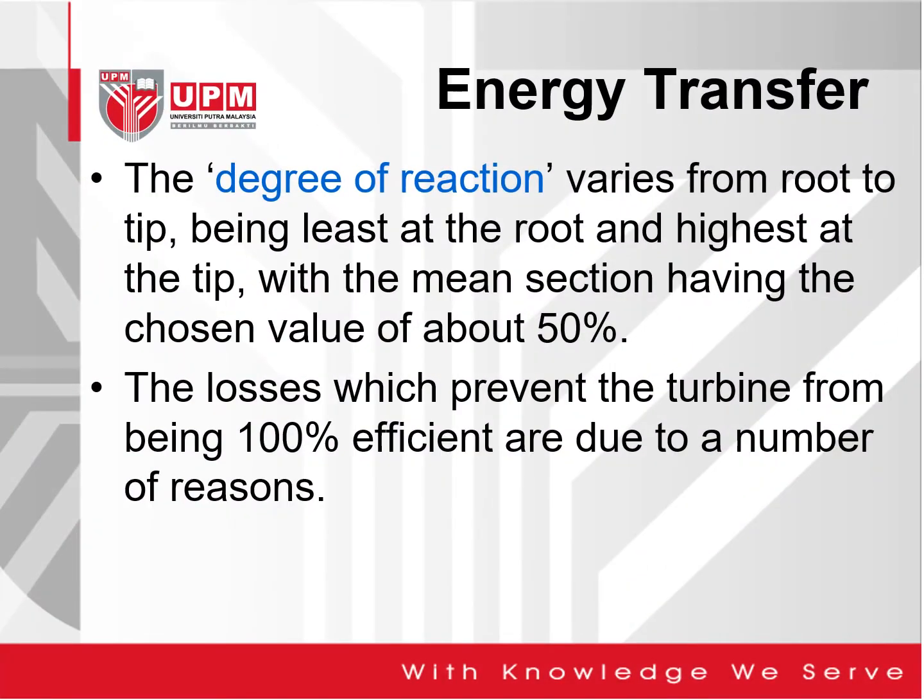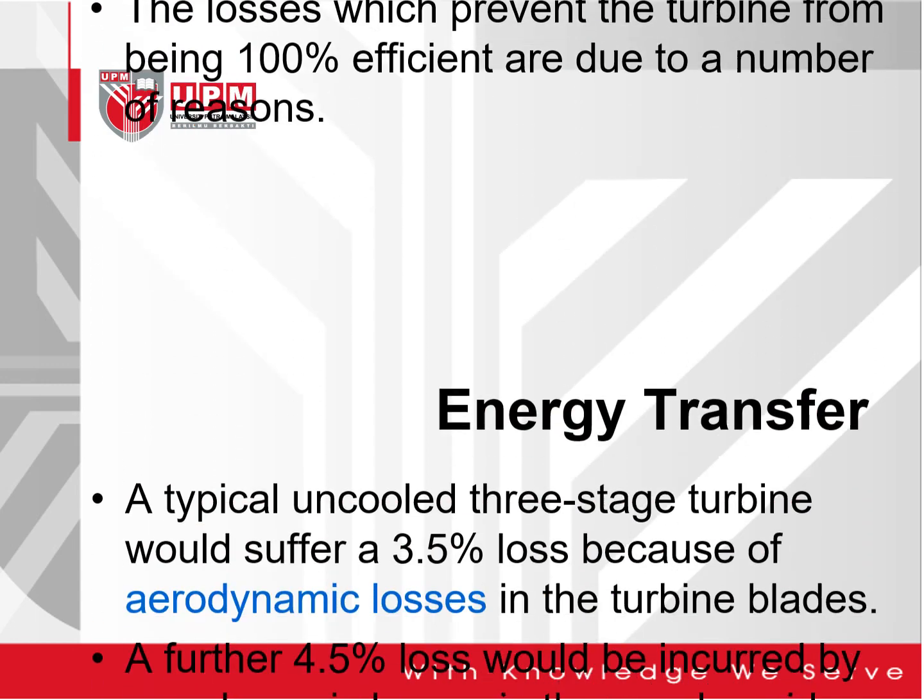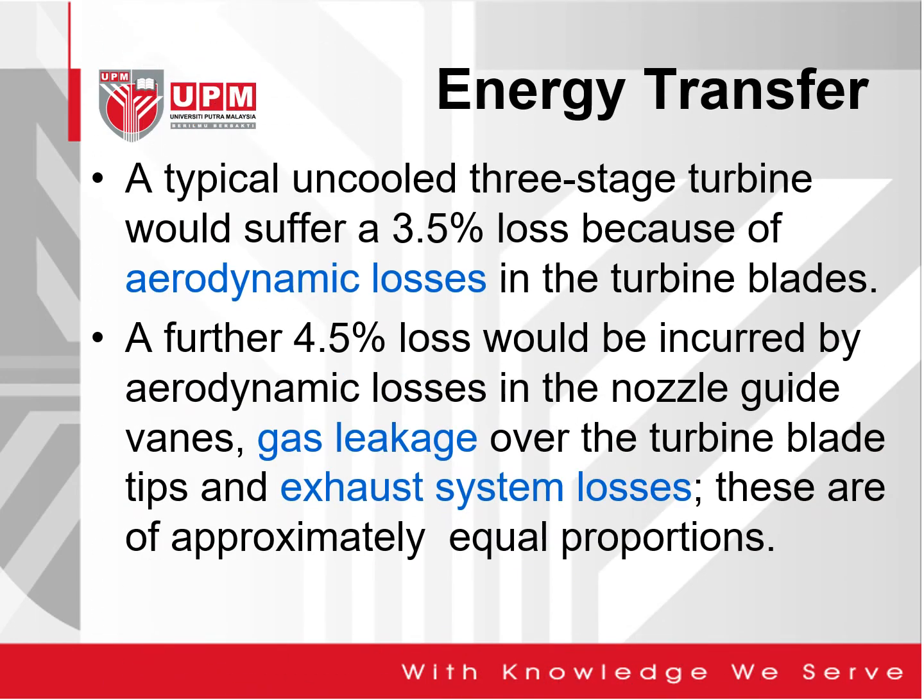The degree of reaction varies from root to tip, being least at the root and highest at the tip, with the mean section having about 50%. The losses which prevent the turbine from being 100% efficient are due to a number of reasons. A typical uncooled 3-stage turbine would suffer approximately 3.5% losses because of aerodynamic losses in the turbine blades.